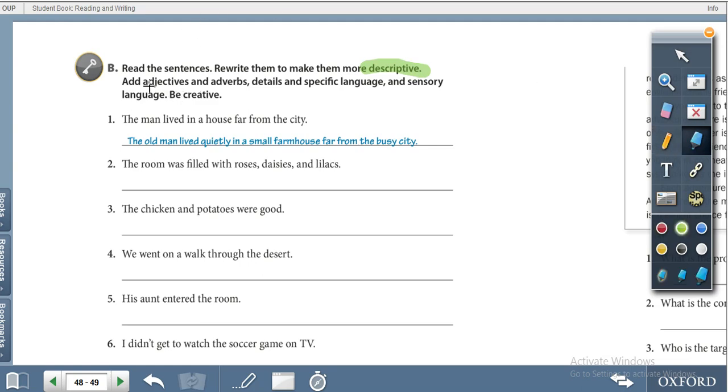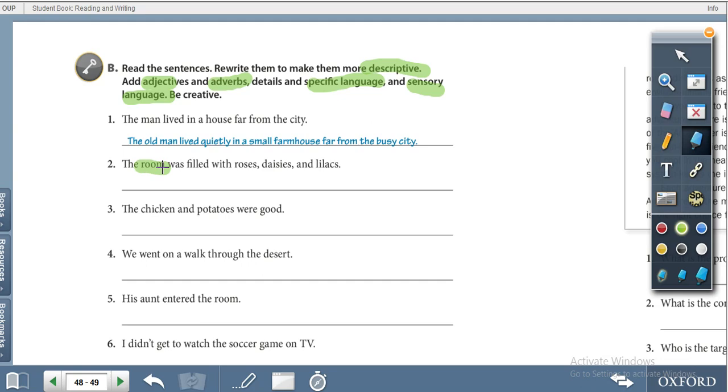For example, you can use adjectives with nouns, and adverbs, specific language, and sensory language to describe. These are the sentences; the first one is done for you. The second one, the room.